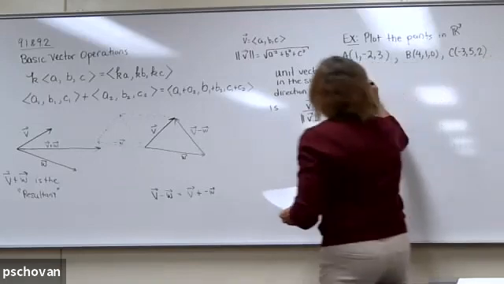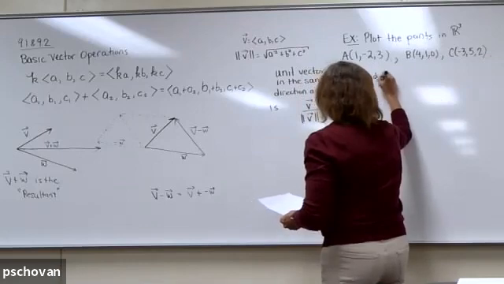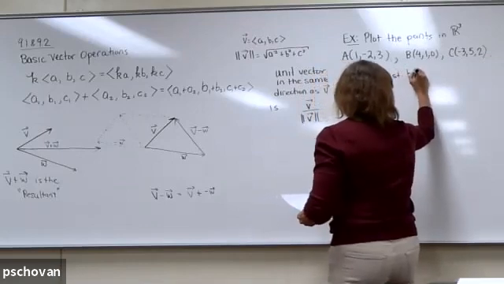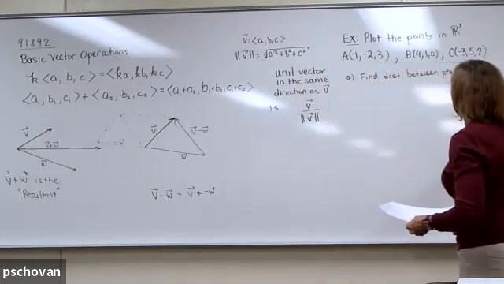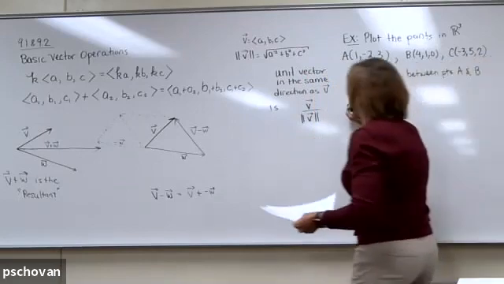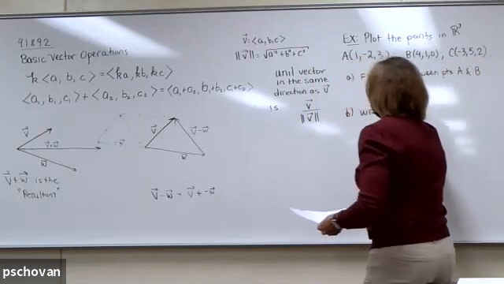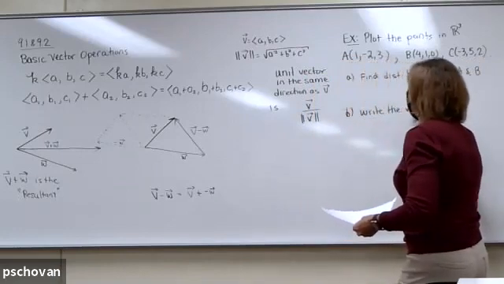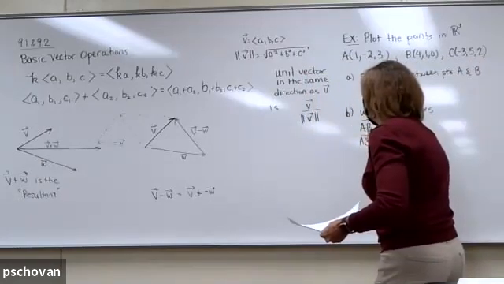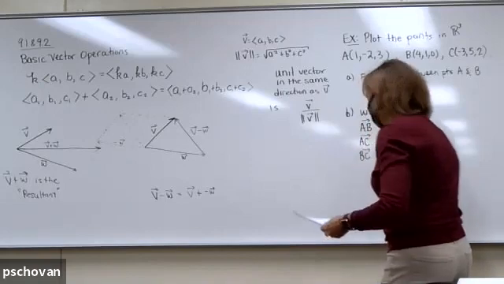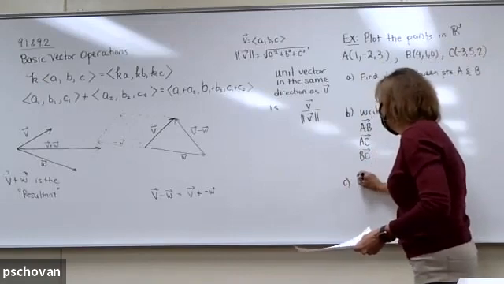Then I want you to, in part A, find the distance between points A and B. Then I want you to write the vectors AB, AC, and BC. And then I want you to find the magnitude of each of these.